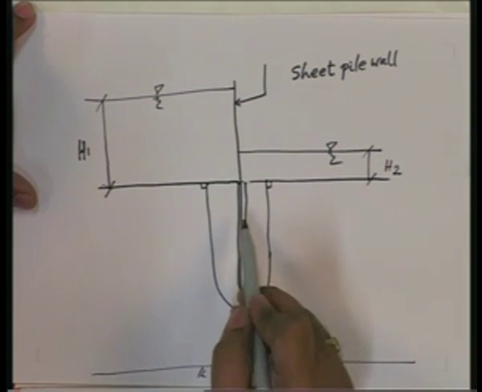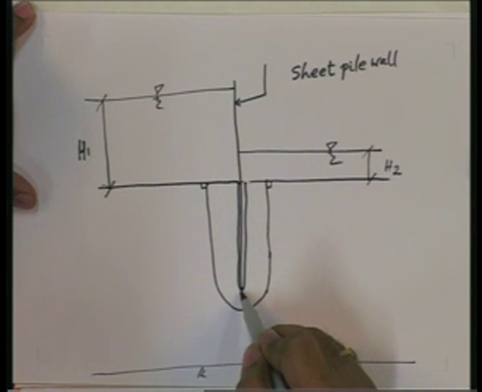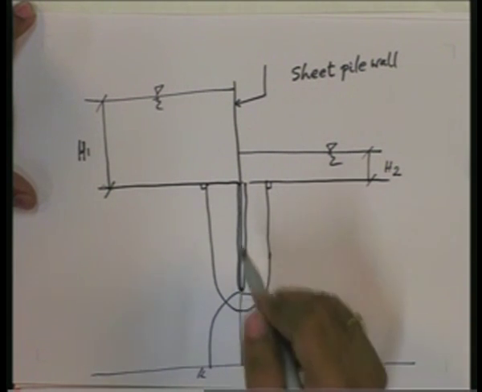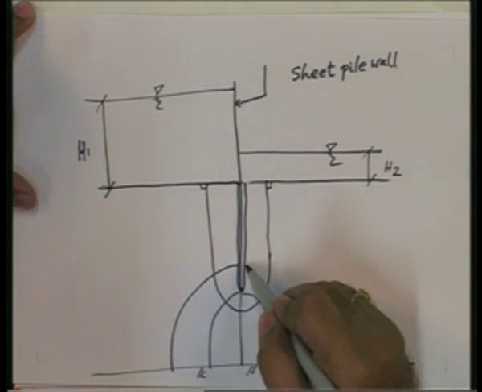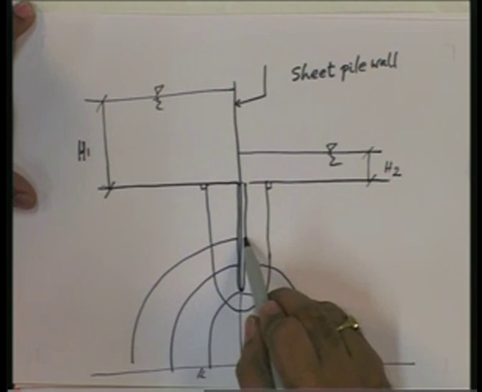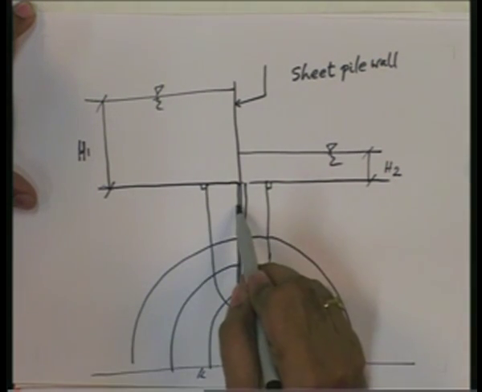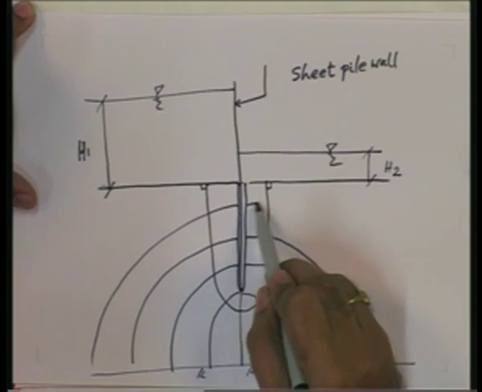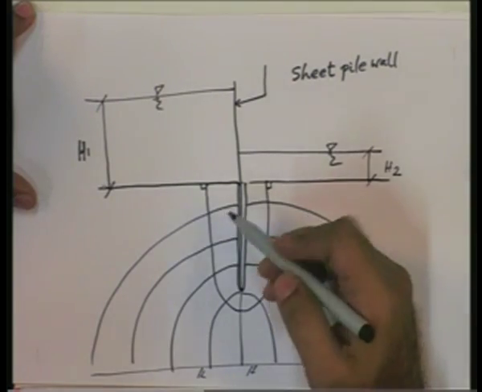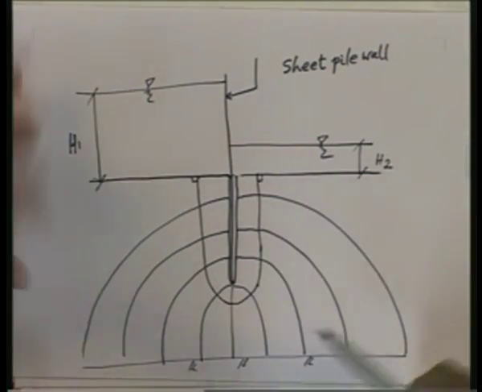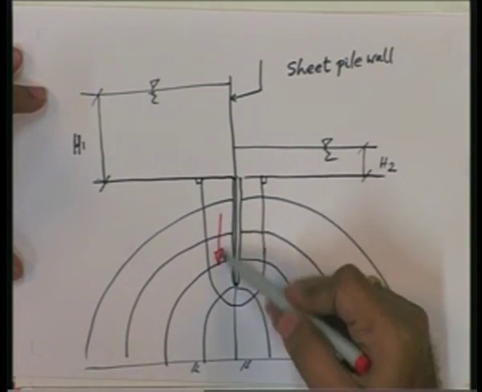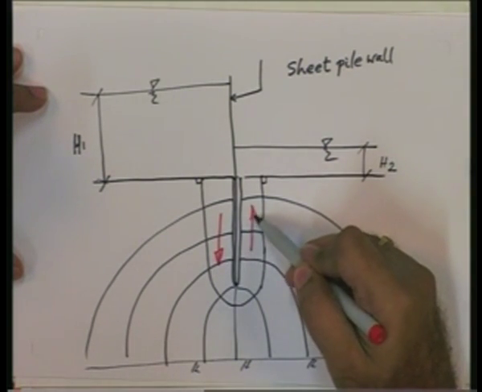If this is a flow line, then these are the equipotential lines which are drawn like this. So when the flow is taking place like this, here is the downward flow, and here the upward flow.